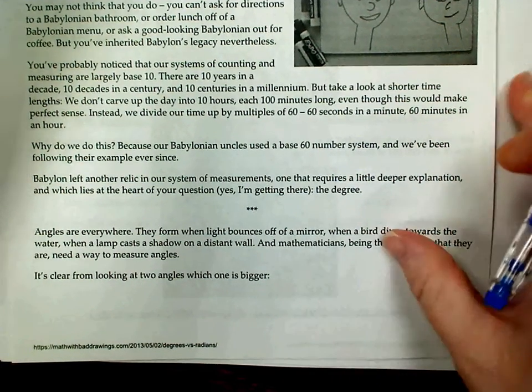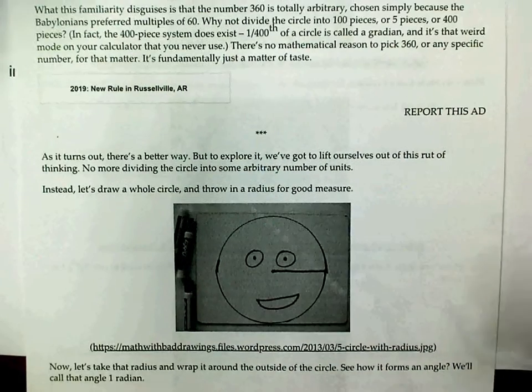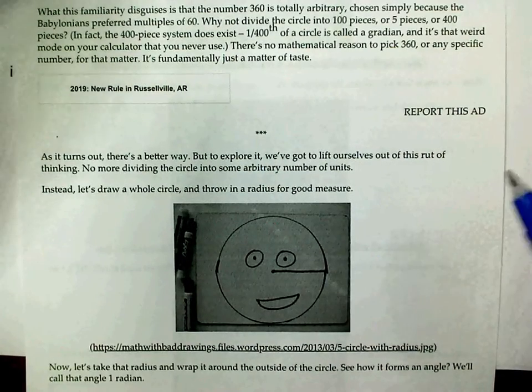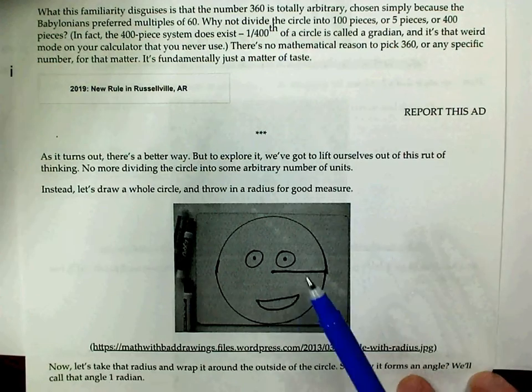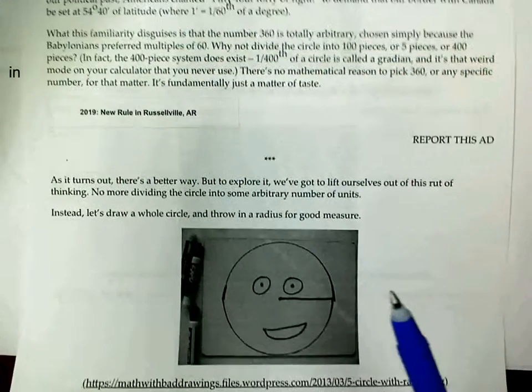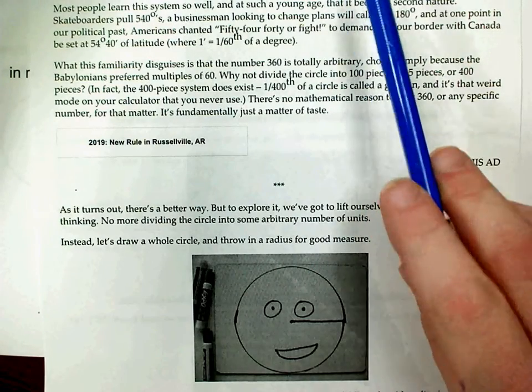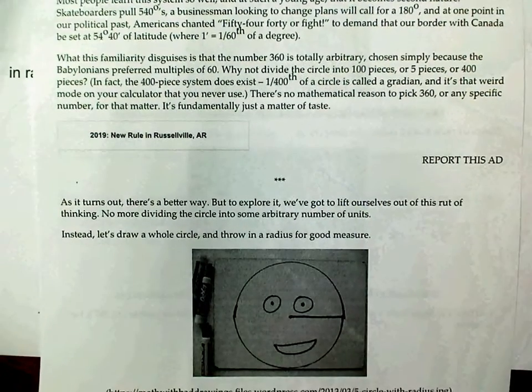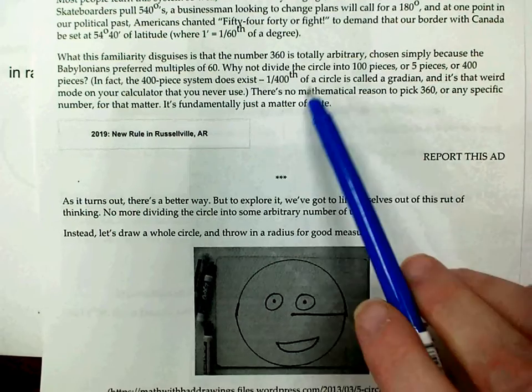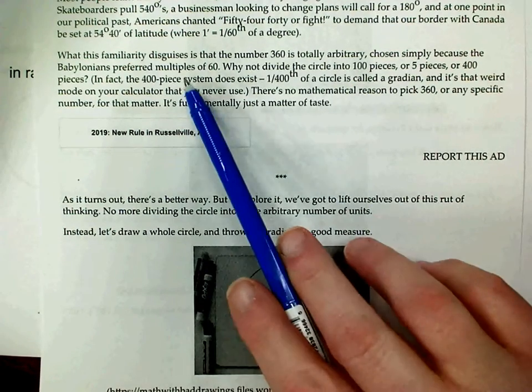So we know what an angle is, and we know how to tell which angle is bigger, but we want to look at why we have 360 degrees, and that's the base 60 system. But I want you to know that this is just an arbitrary number. They just chose this because they liked multiples of 60.